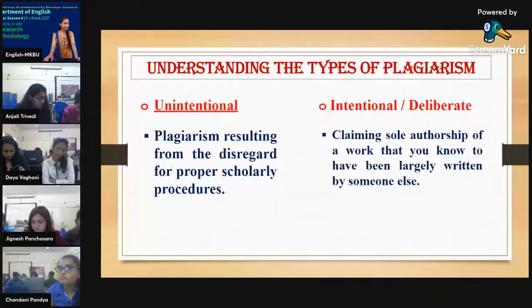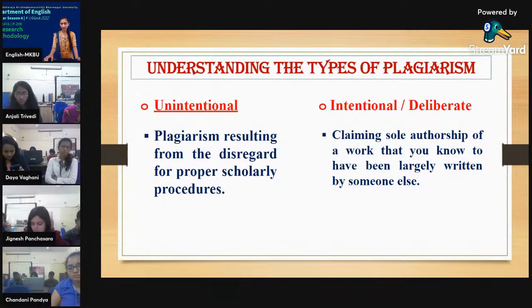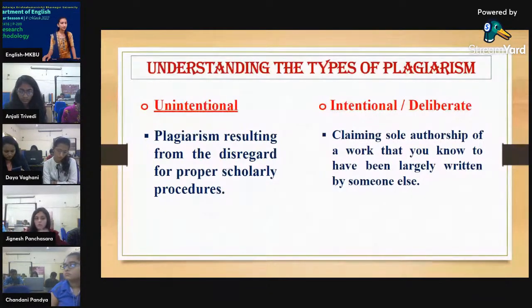Understanding the types of plagiarism: unintentional plagiarism and intentional plagiarism. Unintentional plagiarism results from disregard for proper scholarly procedures, and intentional plagiarism is claiming sole authorship of a work that you know has been largely written by someone else. My experience is that in semester 1 or 2 I copied from many sources in my blog, and sir told me that I had copy-pasted, and I told sir that I had tried my own writing.